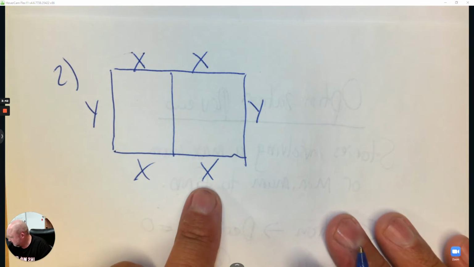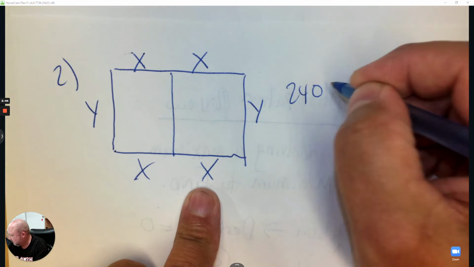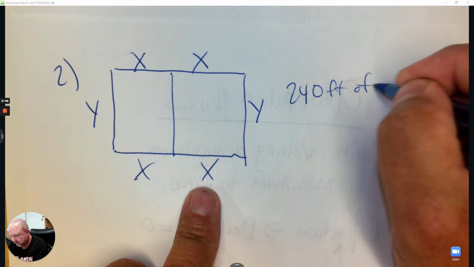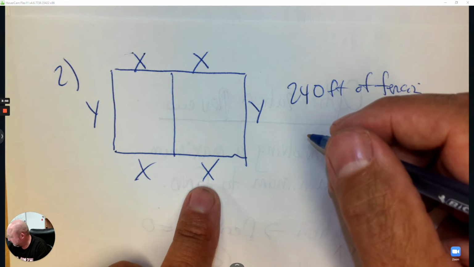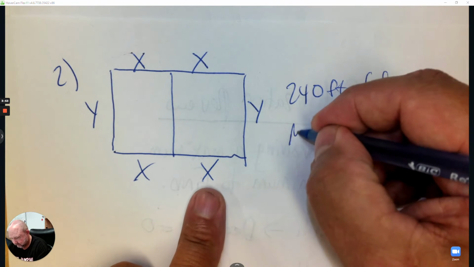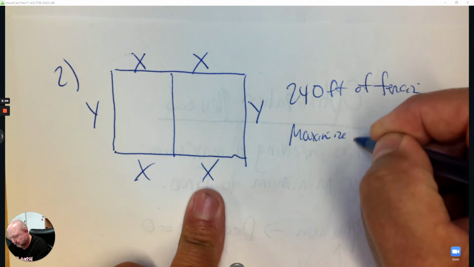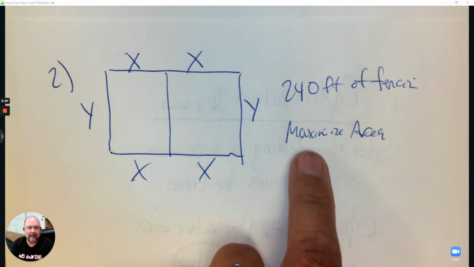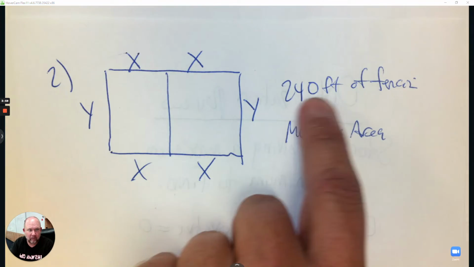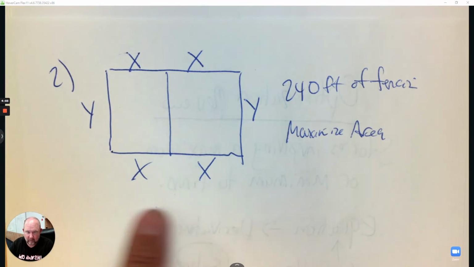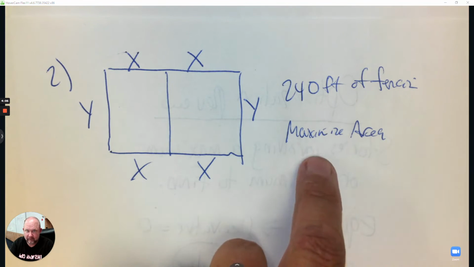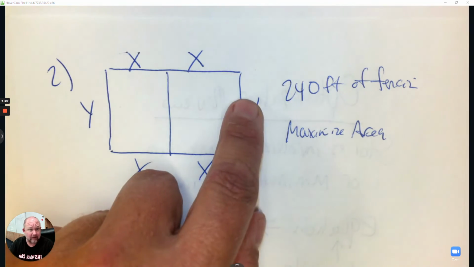You're told that you have 240 feet of fencing. And what we want to do is to maximize the area. So my goal is to maximize the area with this fencing. And I need to create an equation. Take the derivative equal to 0. So the equation we begin with.